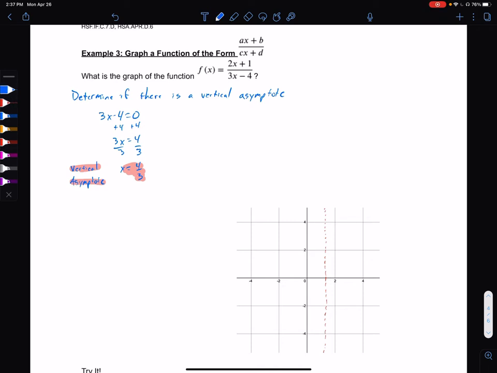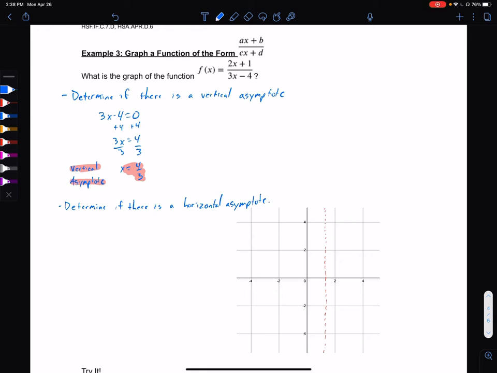Now, after you've determined if there's a vertical asymptote, the next sound step is to determine if there is a horizontal asymptote.